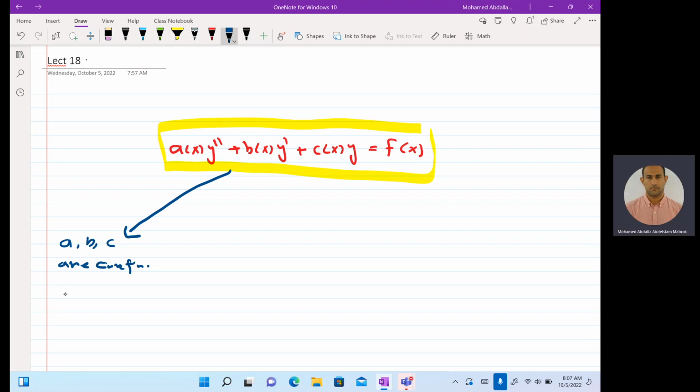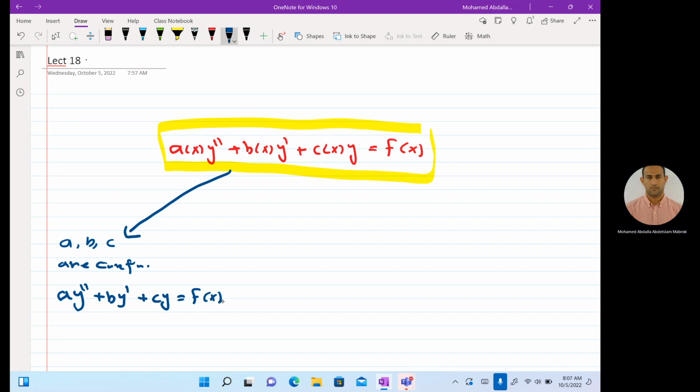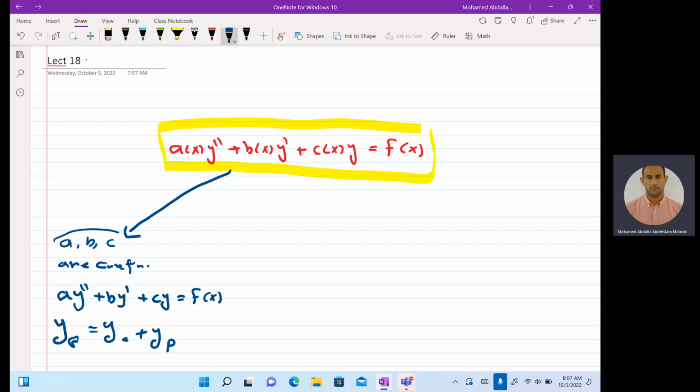Which means this would be A y double dash plus B y dash plus C y equals f(x). And in this case, we said that we are looking for the general solution y, which is yc plus yp. This is the general case, but assuming that A, B, and C are constants.